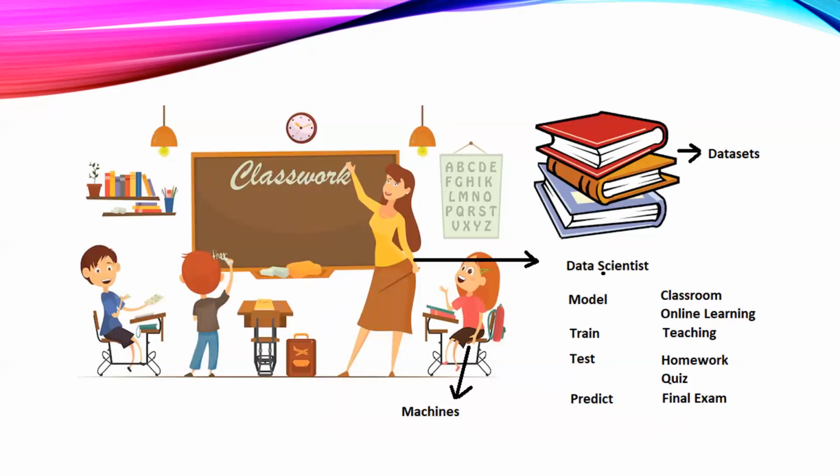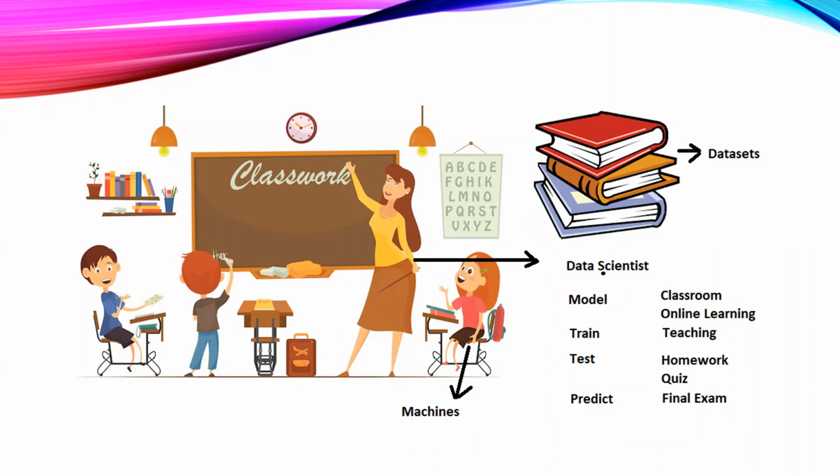Just to give a very simple example, just like in a classroom, you're learning knowledge, right? Think about the books: you will be learning from books, and there will be a teacher, a classroom or an online classroom like this.